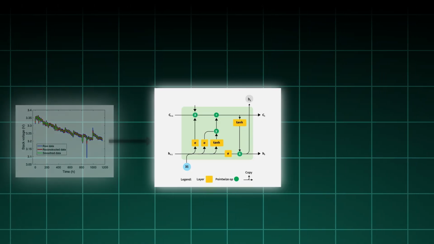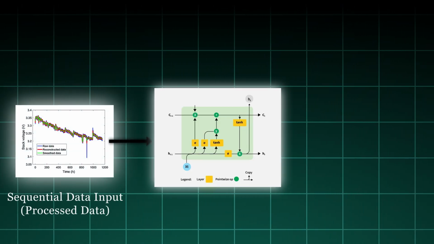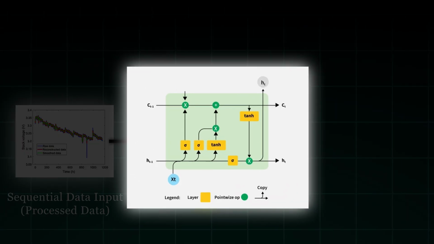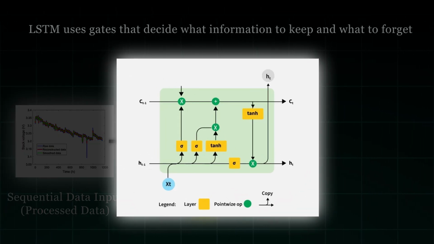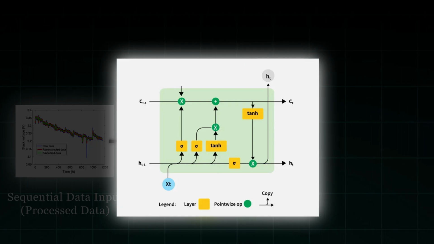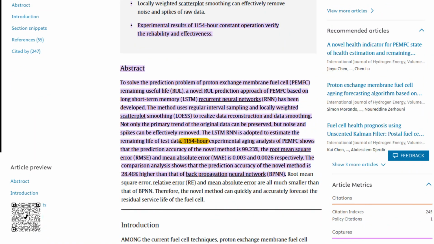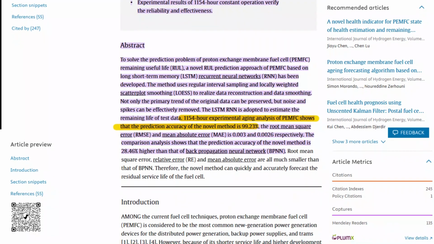We feed the RNNs sequential data, voltage, current, and temperature over time. The LSTM network has gates that decide what information to keep and what to forget, allowing it to learn the long-term dependencies of aging. In one study, an LSTM model predicted the failure of a proton exchange membrane fuel cell with 99.23% accuracy, far outperforming traditional physical models.